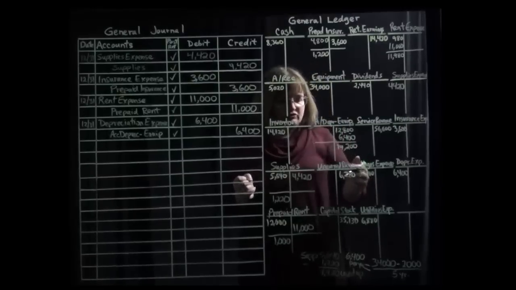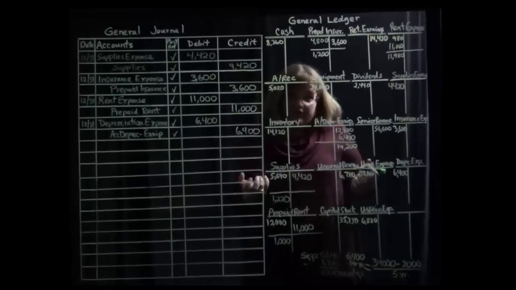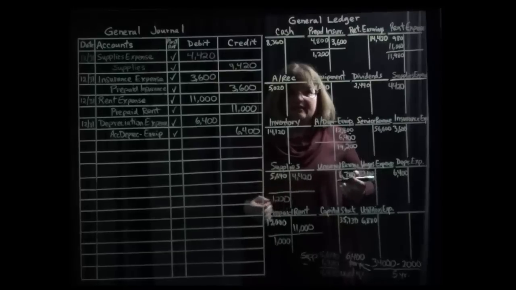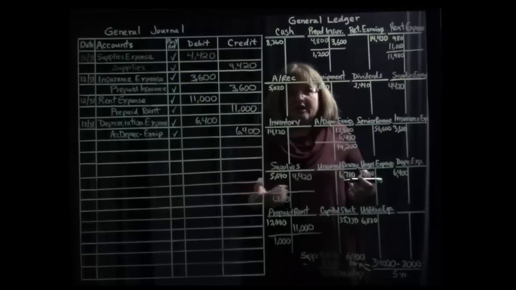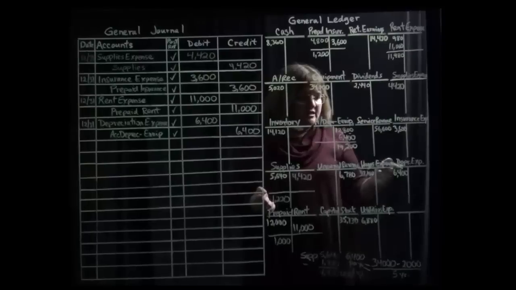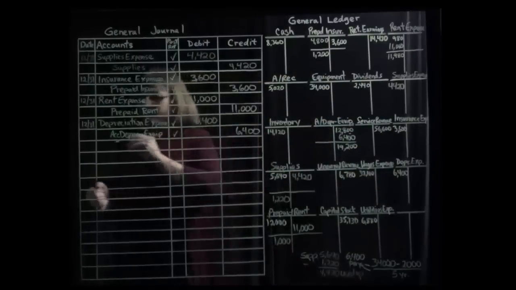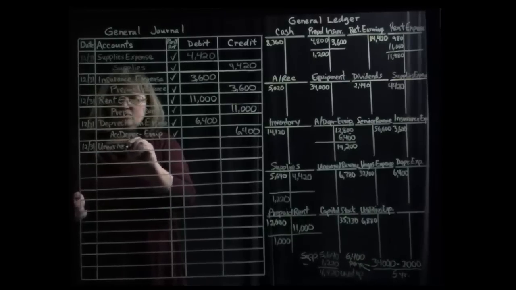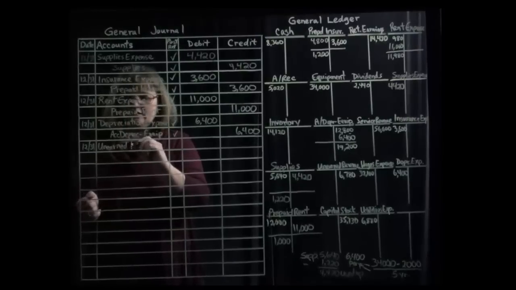So in order to reduce that, we're going to recognize the revenue, because if we don't owe them the services anymore, that's because we provided the services. Just because we haven't done the paperwork and actually taken that as earned revenue yet doesn't mean that we haven't actually earned it. This additional information is saying that we did earn it, and therefore we need to debit that liability to reduce it, because liabilities normally have a credit balance.